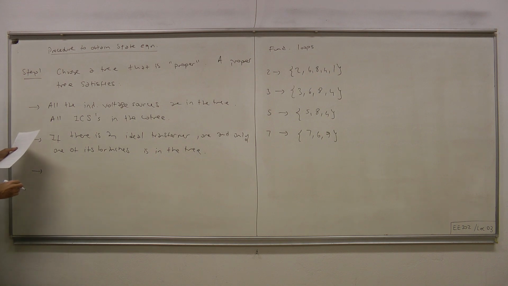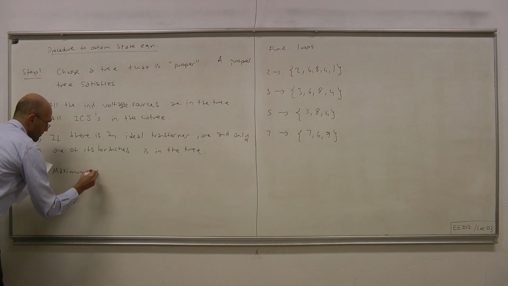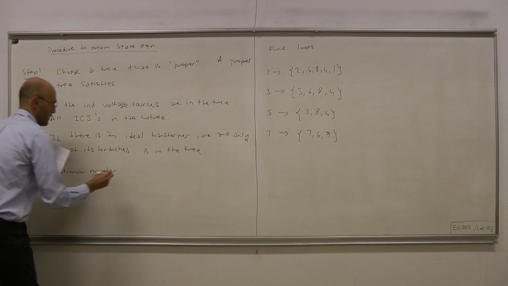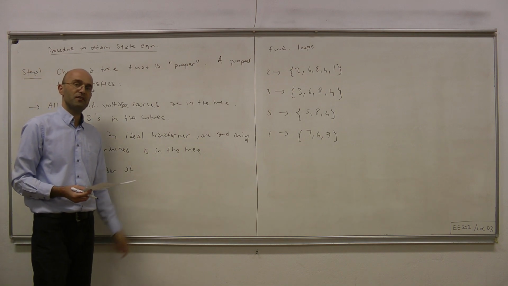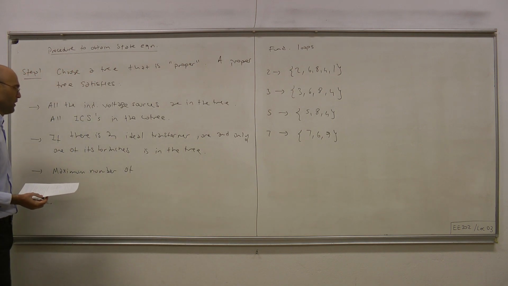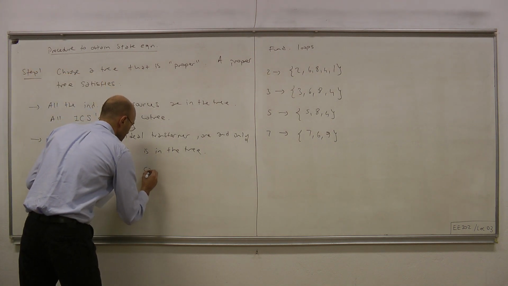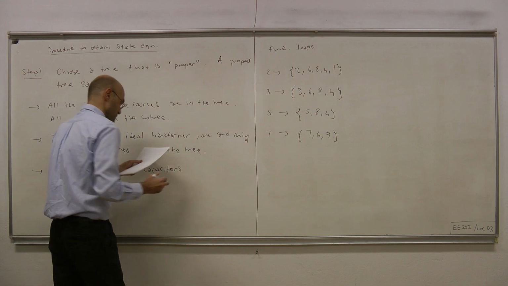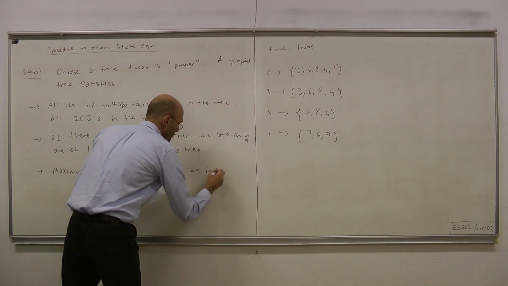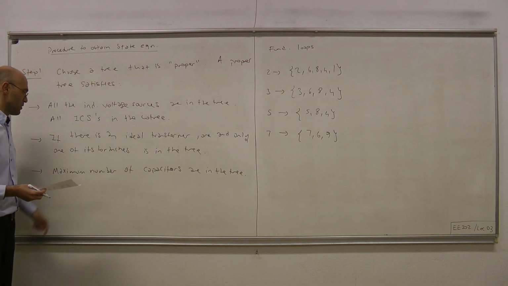And what else? Maximum number of capacitors, or the branches that are representing capacitors, must be in the tree. Capacitors are in the tree. And the dual condition also holds.